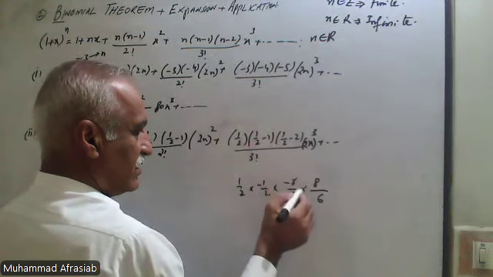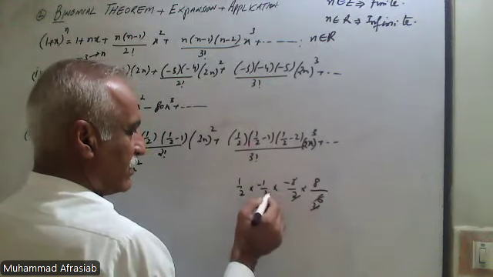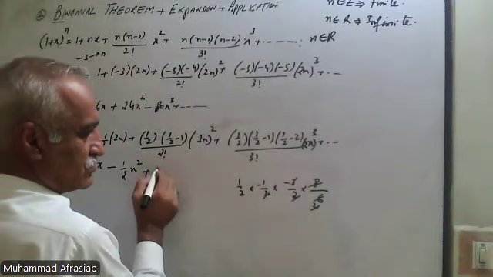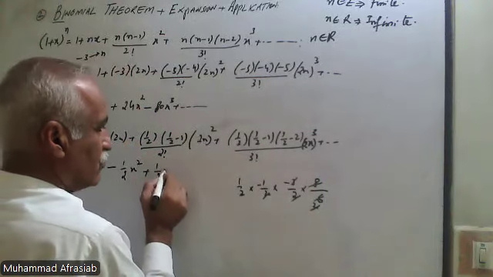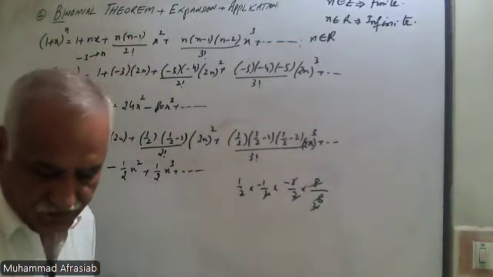So 3 twos are 6, 2 twos are 4, twos are 8. This cancels out. So minus minus plus, and it should be 1 over 2 x cube and so on.